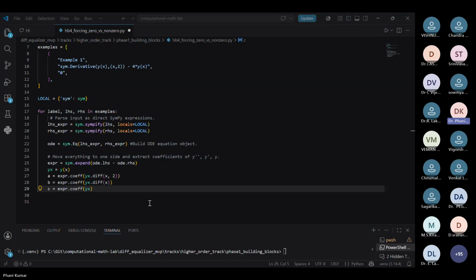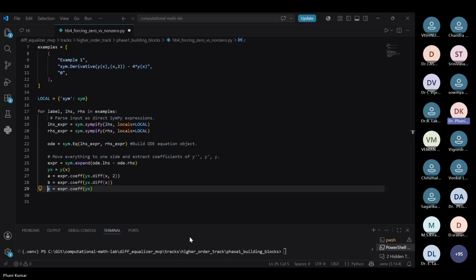Again, first, the label LHS, RHS in these examples. First, we convert that LHS expression. Using the sim.simplify method, we convert the total LHS into LHS underscore expression. Then Python will know that, okay, this is the differential equation.